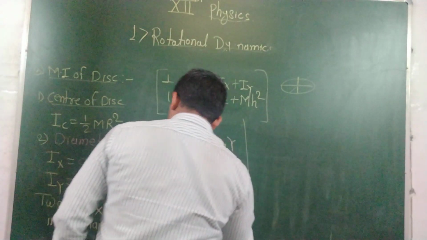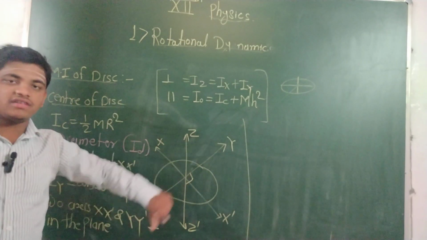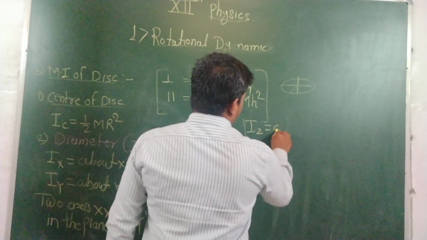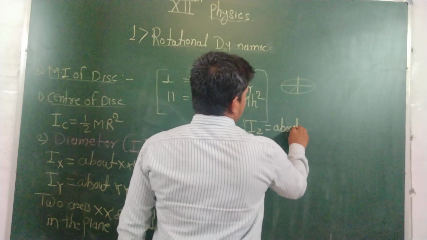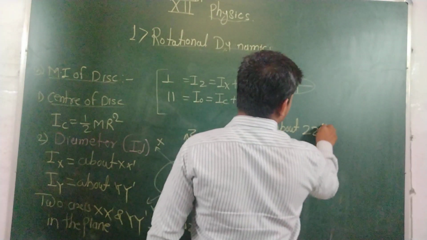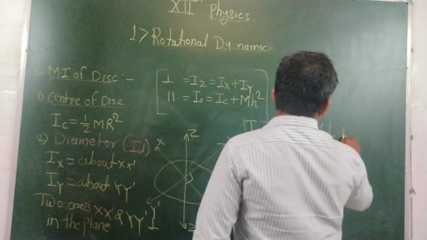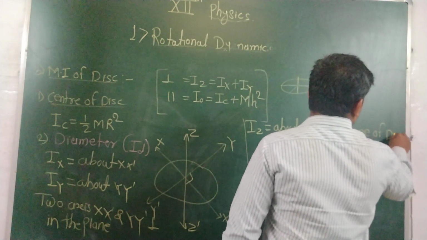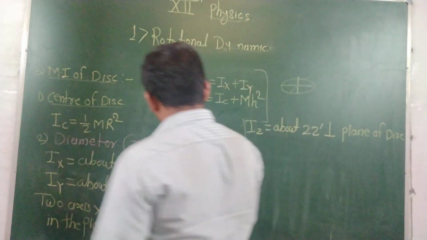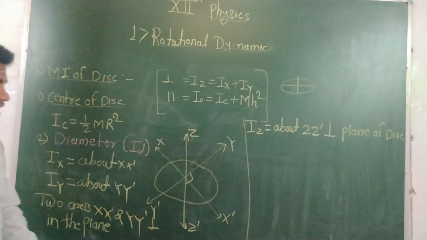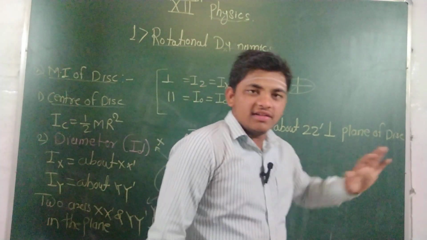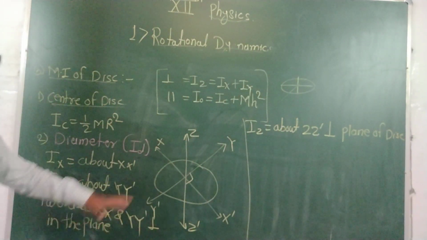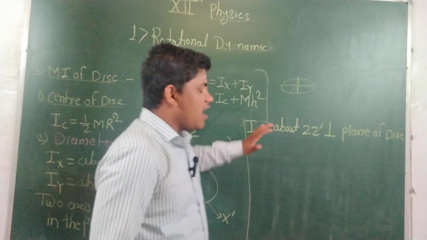And the third remaining axis, z dash, I of z, is about the axis of rotation z and z dash, and perpendicular to the plane of the disk. This is perpendicular to the plane of the disk. And the axis of rotation is z dash, and the moment of inertia about that axis, z and z dash, is I of z.